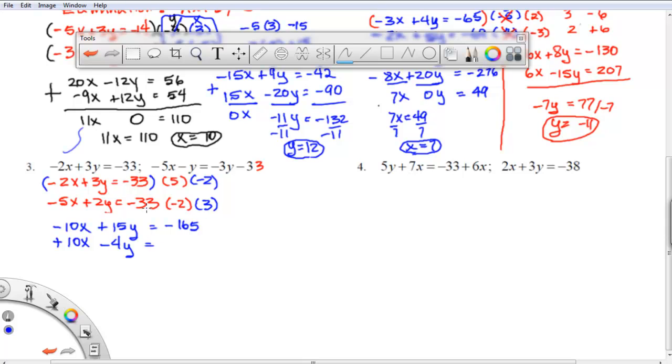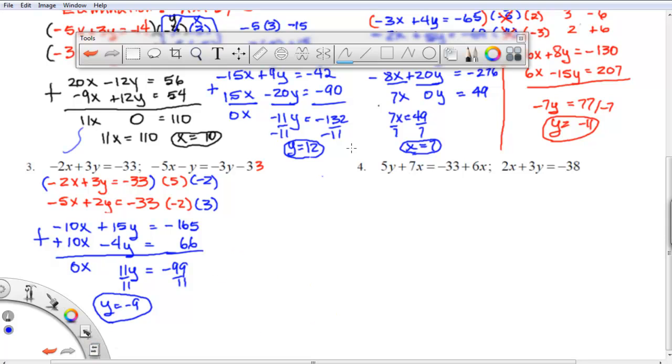And then a negative 2 times negative 33 is a positive 66. So now when we add these two equations together, the x's drop out. I have 11y equals, I think, a negative 99. Yep, negative 99. Divide each side by 11. So that says my y is equal to a negative 9.